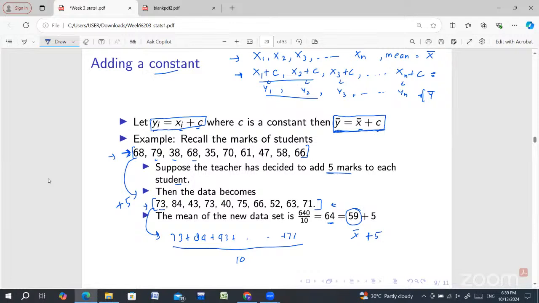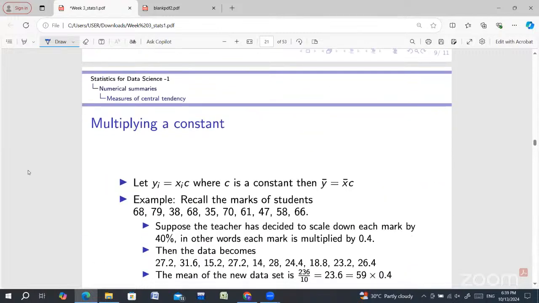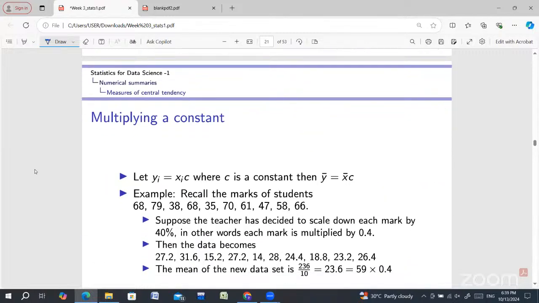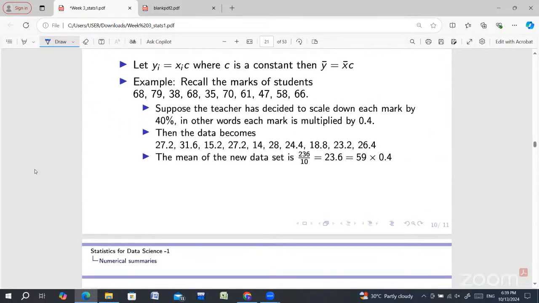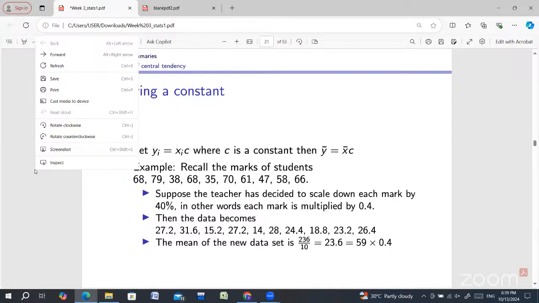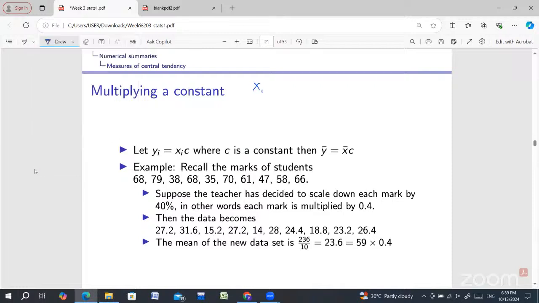Correct? Okay, now we will see that if we multiply by a constant, how the mean will be affected. Similarly, this is your initial data set, x1, x2, x3 up to xn. Now you are multiplying by c, which is a constant here.